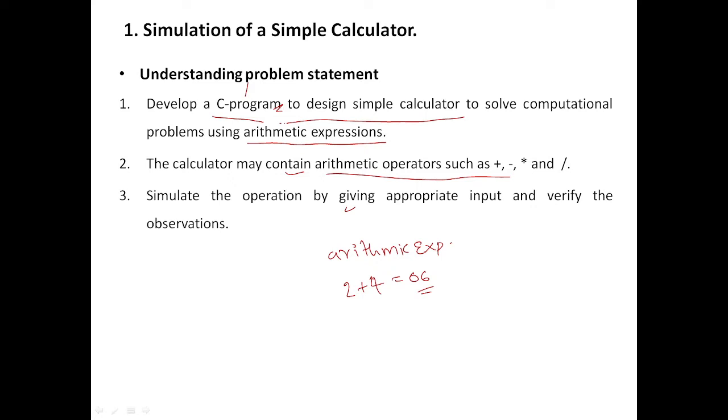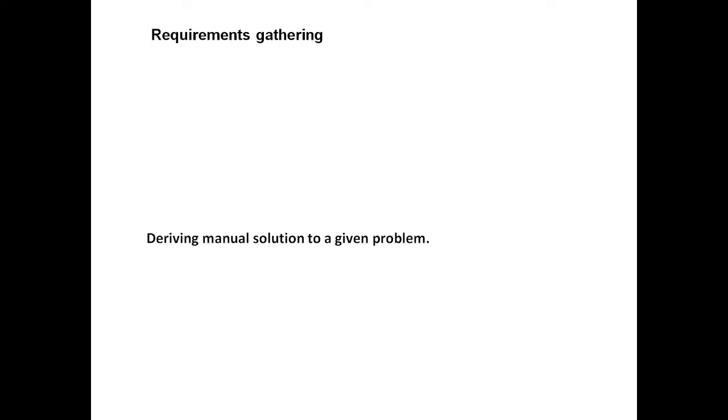So you have to develop a C program to accept input in the form of an arithmetic expression, right? And depending upon which operator is given between two operands, the particular operation has to be performed, right? So first we will gather the requirements.